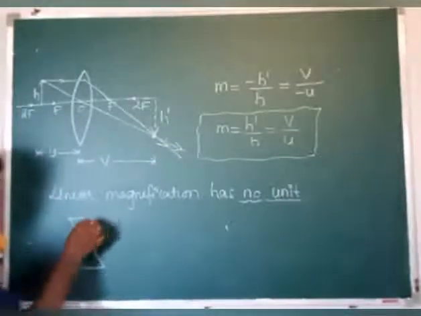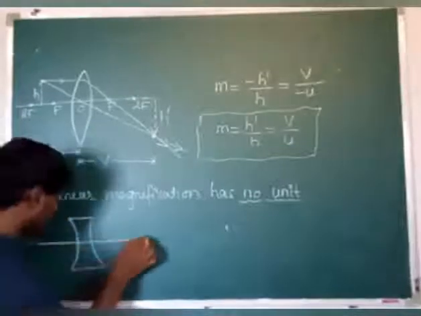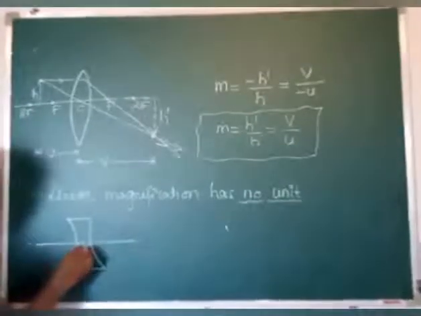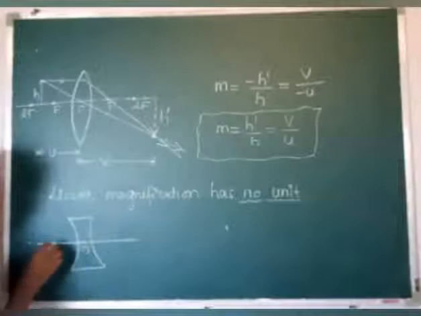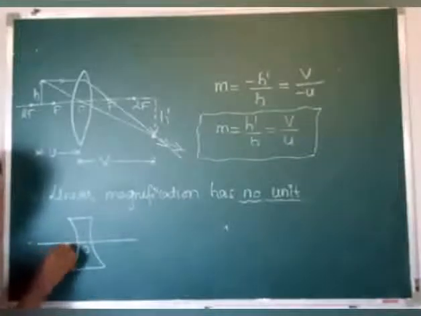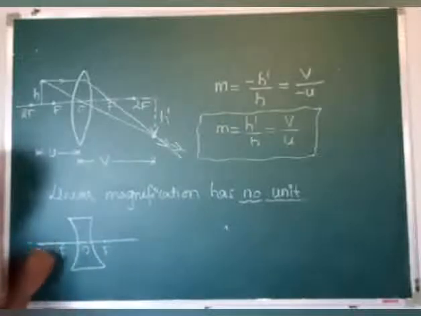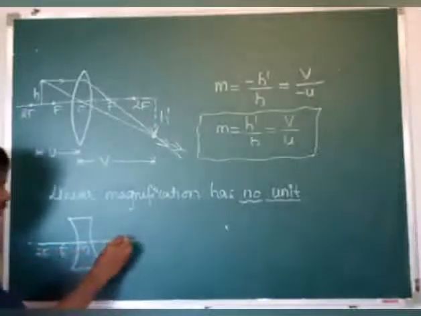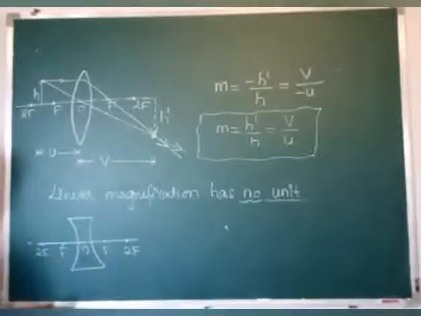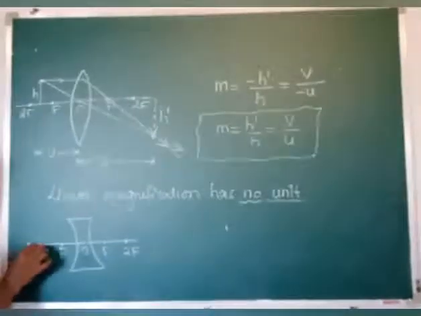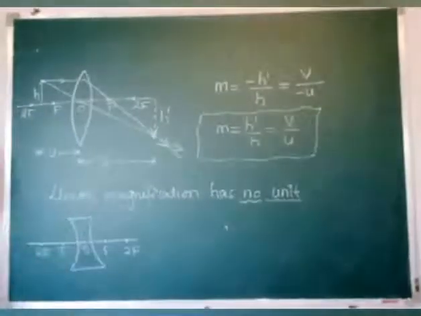Concave lens, optical center, focus, this side also focus, then 2 times of focus, here also twice of focus. Suppose there is an object anywhere between infinity and optical center.